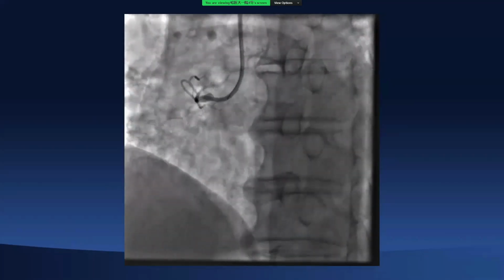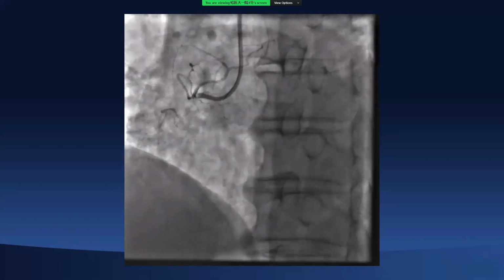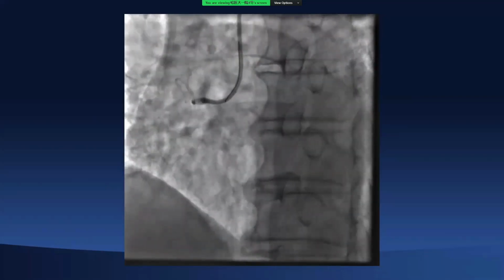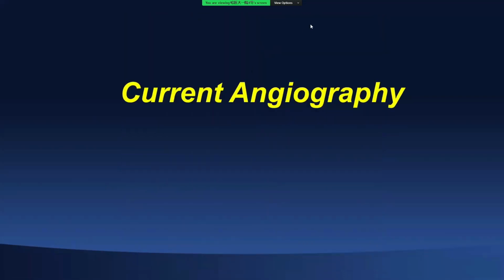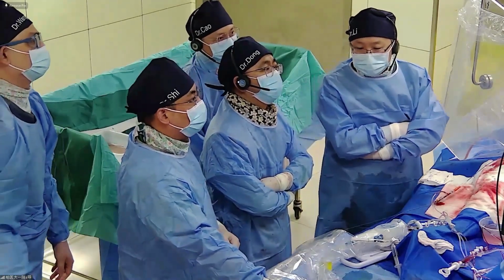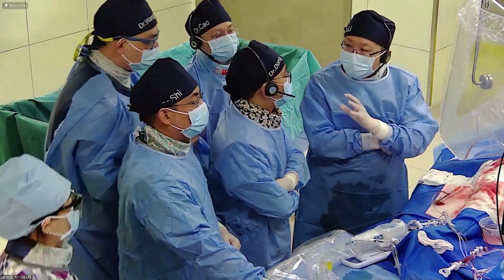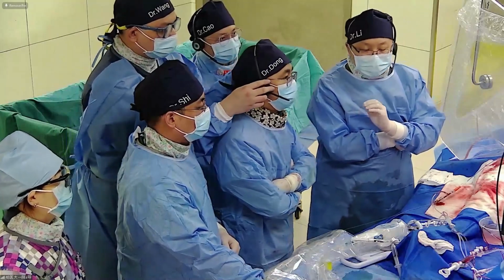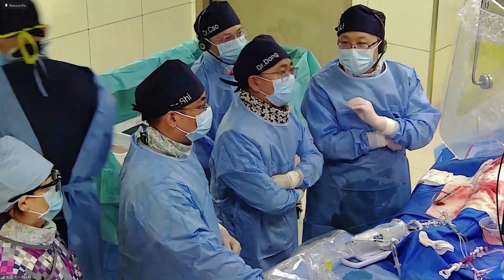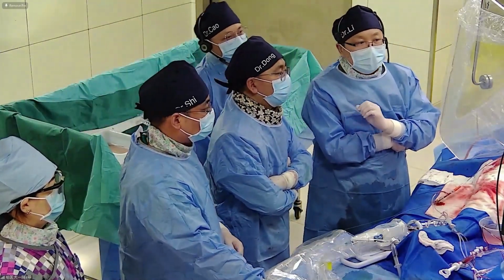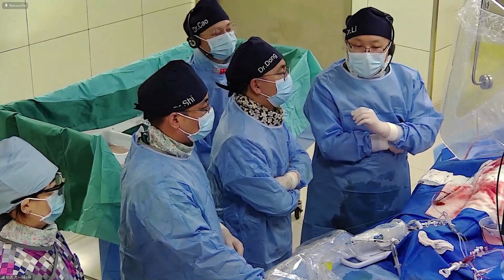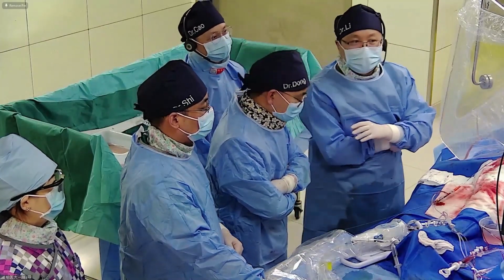So Dr. Dong has introduced the case, and we can see that this is a two coronary artery occlusion case. The circumflex is subtotally occluded, and in the first PCI it was recanalized and a drug-coated balloon was used to treat the lesion.